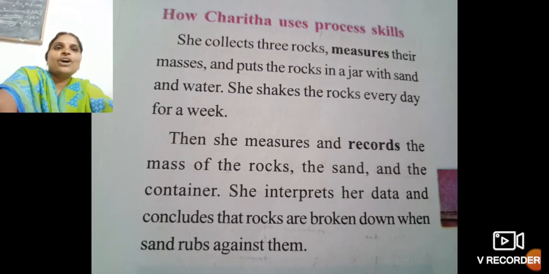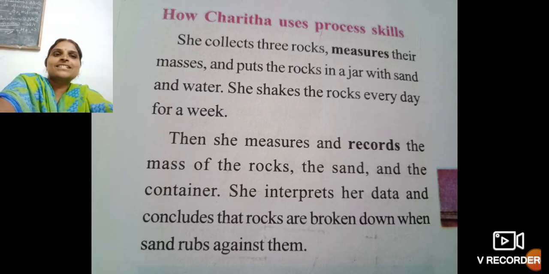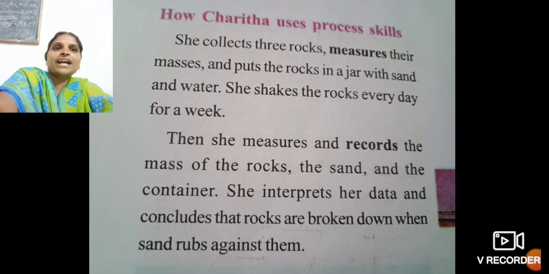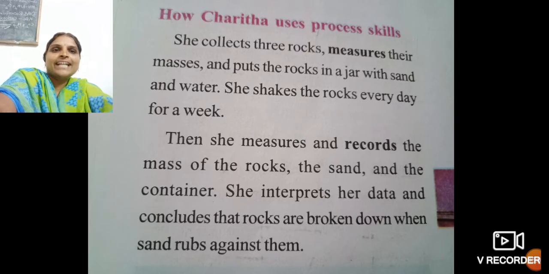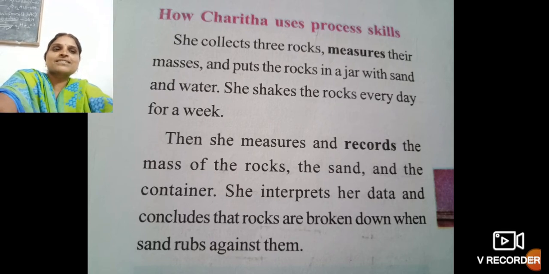How does Cherita use process skills in this experiment? She collects three rocks, measures their masses, and puts the rocks in a jar with sand and water. She shakes the rocks every day for a week. Then she measures and records the mass of the rocks, the sand, and the container.